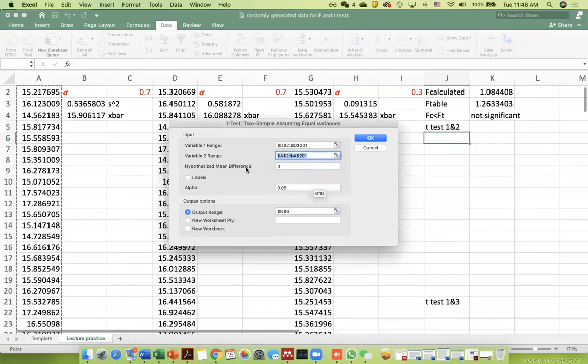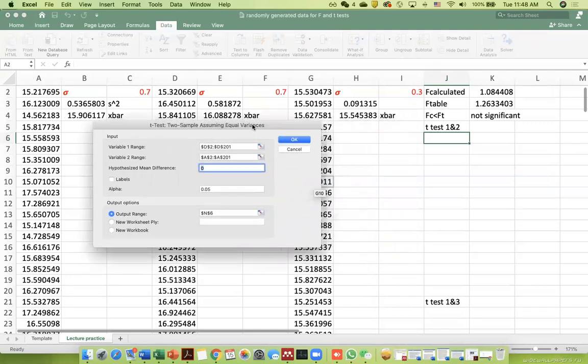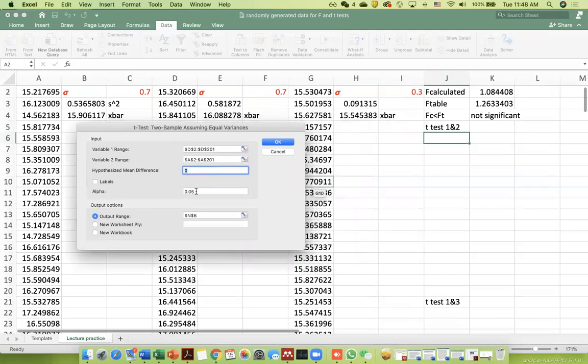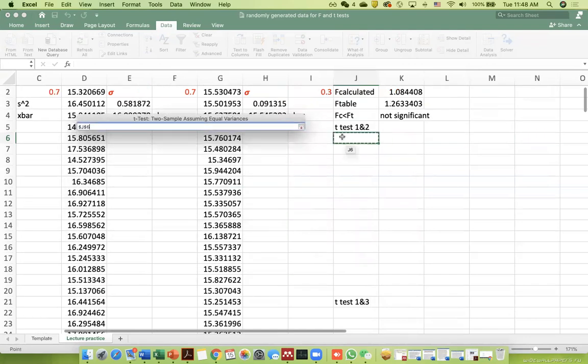And you can put 0 for the hypothesized mean difference, or you can put a slightly different value, but it will automatically calculate how different they are. And then the alpha value is the confidence level we want to set, right? 95%. And I want the output to be here.